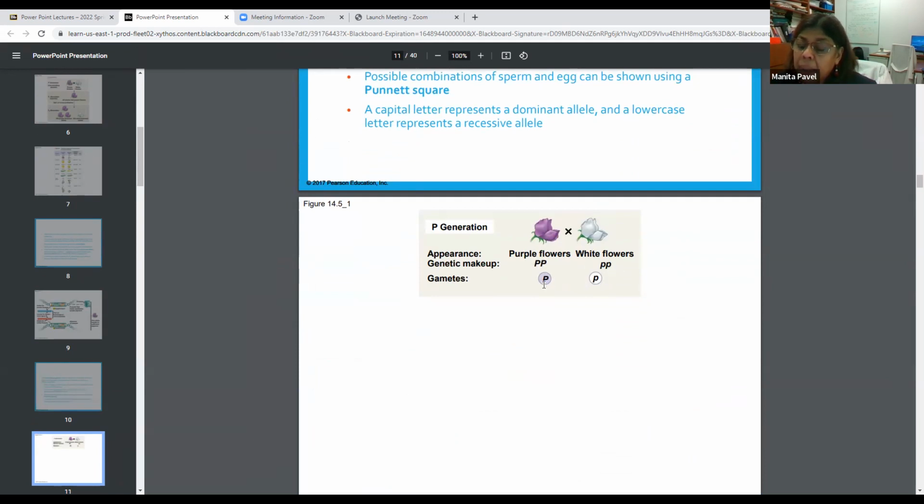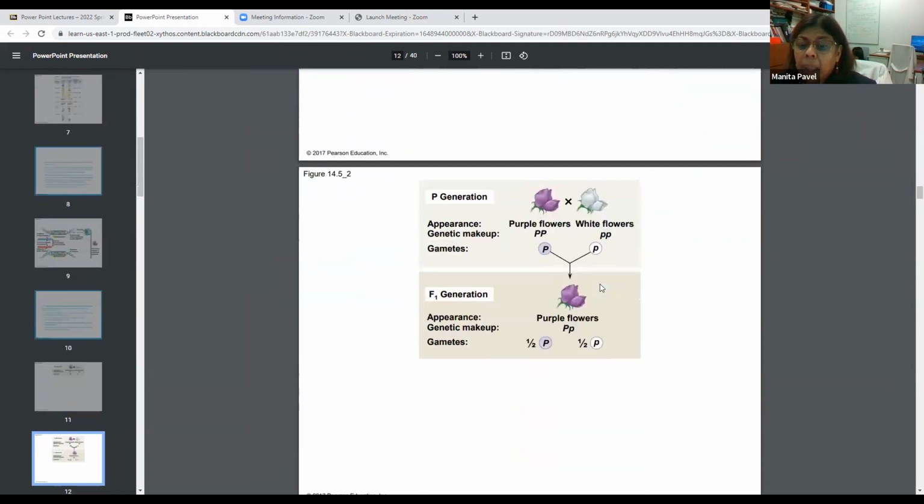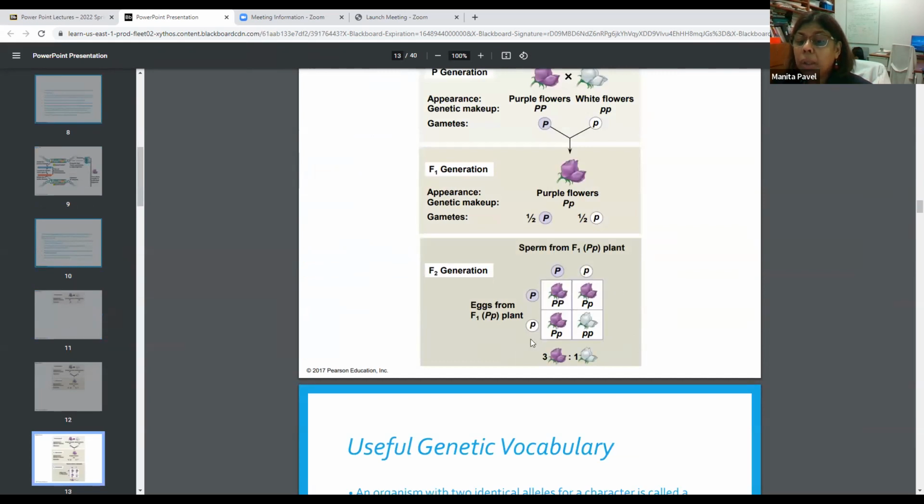So you'll get capital P, lowercase p, and then capital P, lowercase p, which will be the heterozygous. So the F1 generation, F1 stands for first, F, filial, F-I-L-I-A-L, which means sons and daughters in Latin, generation. So you get the first filial generation, which is capital P, lowercase p, heterozygous purple. You cross it with another heterozygous purple. And now we make what we call the Punnett square.